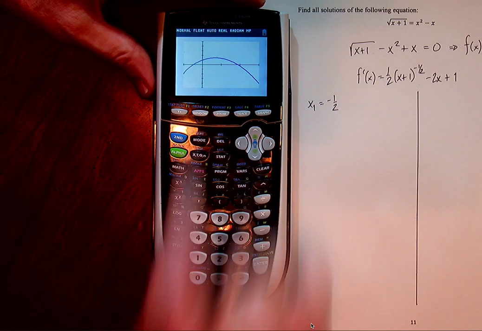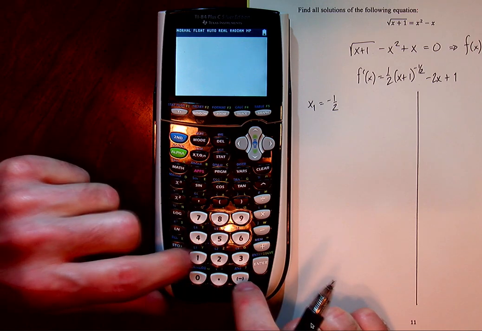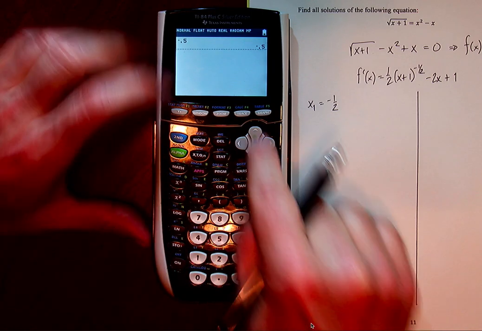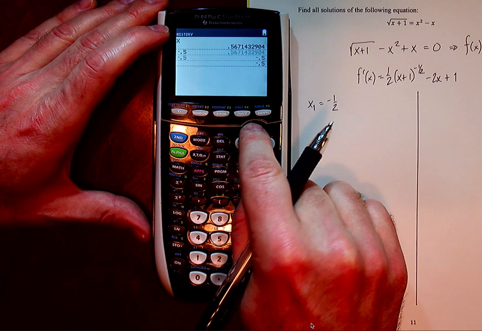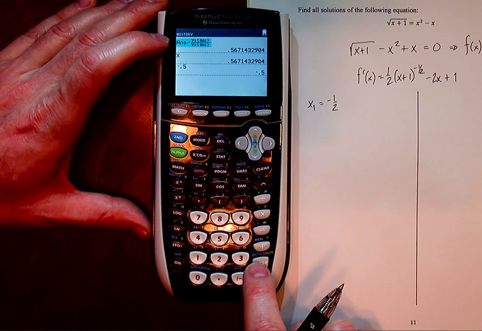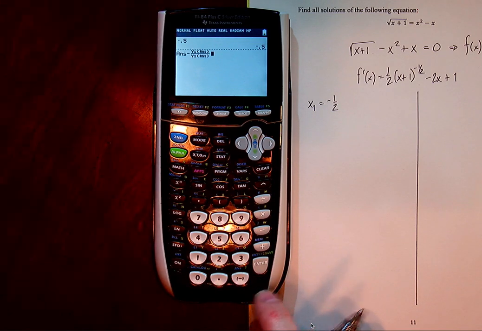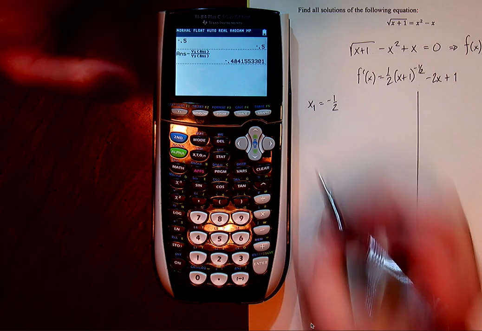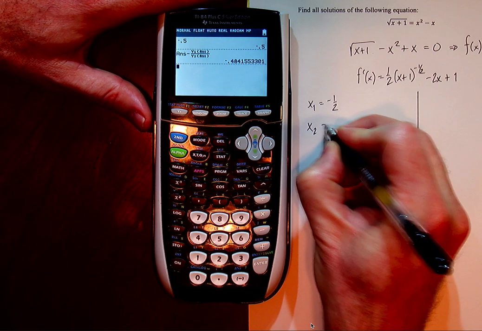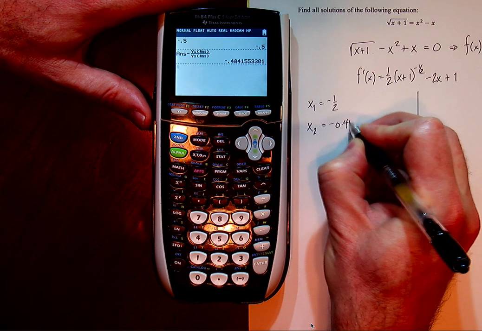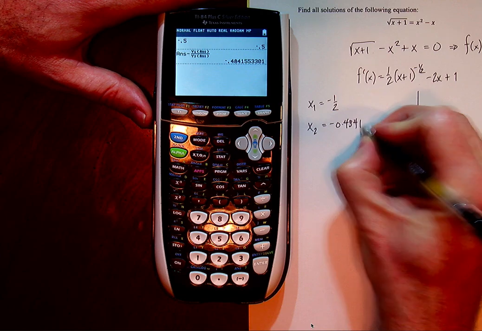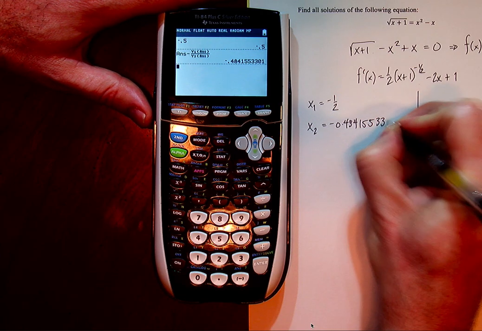So let's go back to the main screen, and we'll say negative 0.5, and now we want to go up here and grab our formula, since I don't like keystroking any more than you do. So press enter, and we see that x sub 2 is negative 0.4841553301.